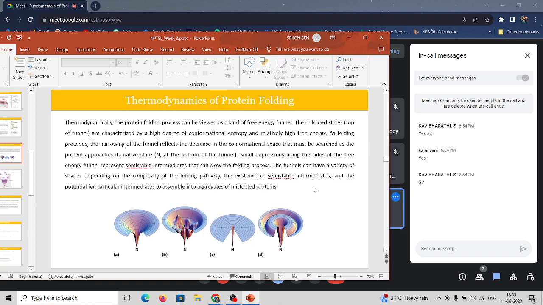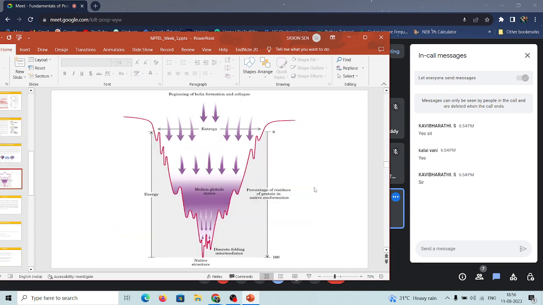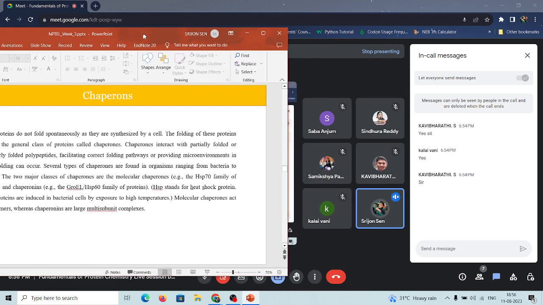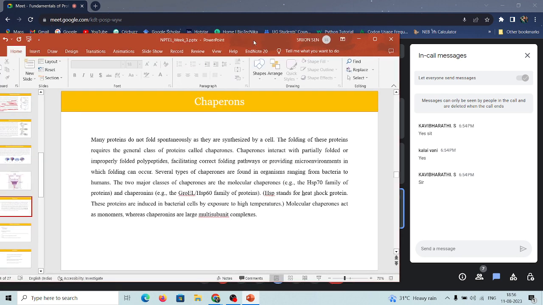Or till this much? Can any one of you tell me till which slide? Okay, anyways, I'm repeating the funnel thing another time then.